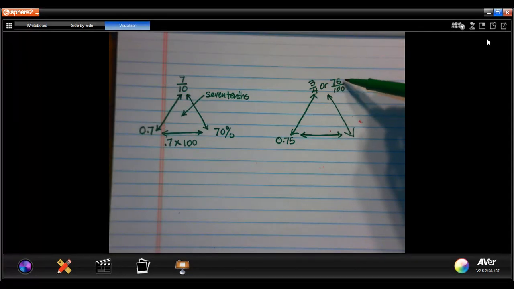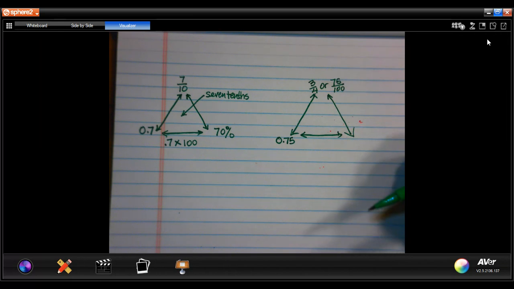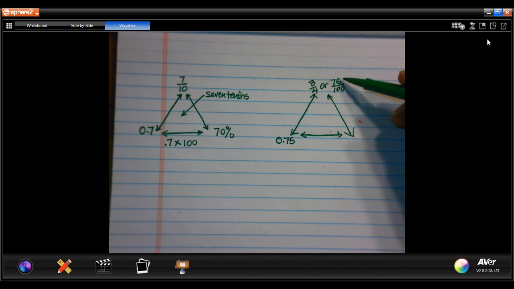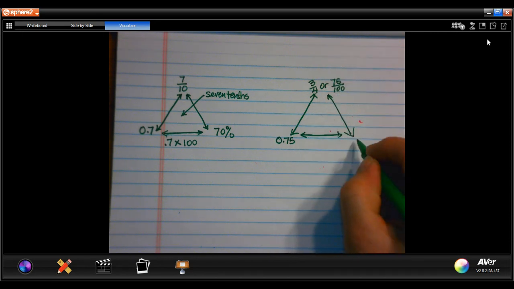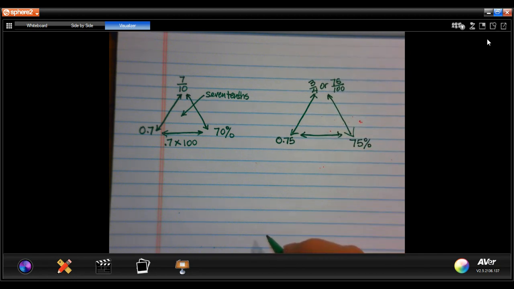And when I write 75 over 100, that really leads me into a super easy way to think about percents. Percents are always out of 100, and so I can take a look at that fraction and immediately write down there that it would be 75% as a representation for percent.